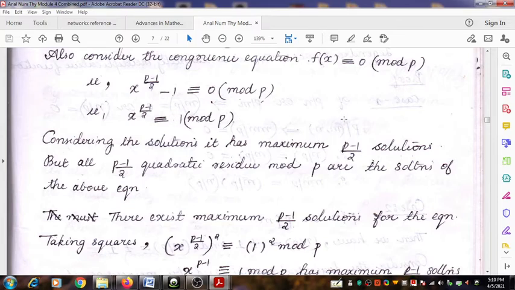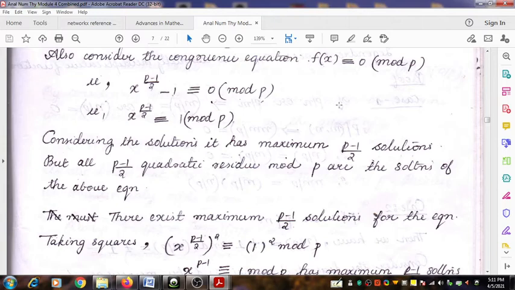Now you can think about those numbers which are quadratic non-residues mod p. They are not solutions of this equation, because all the solutions are decided by the quadratic residue numbers. Whenever a number is a quadratic non-residue, it cannot be a solution to this equation.